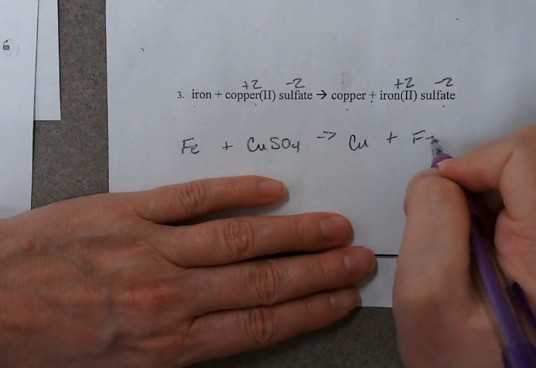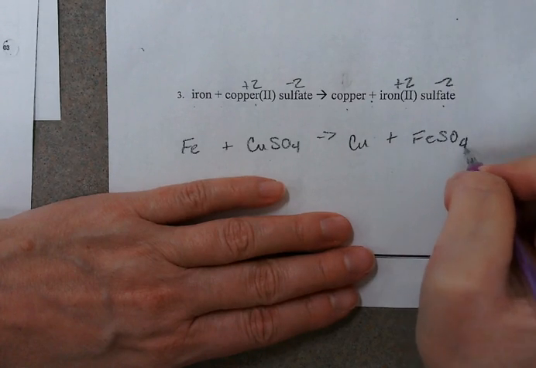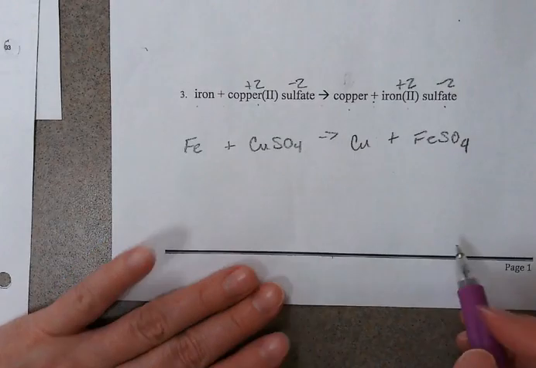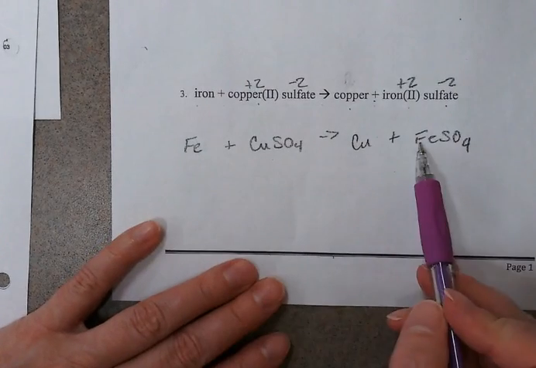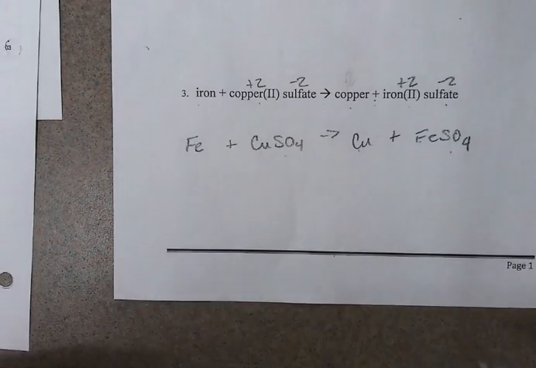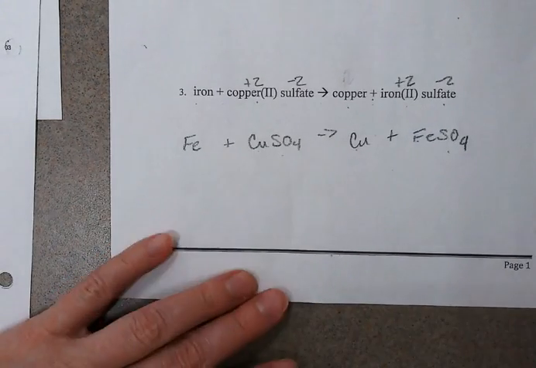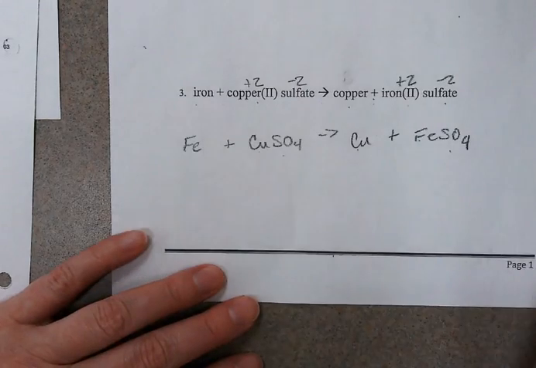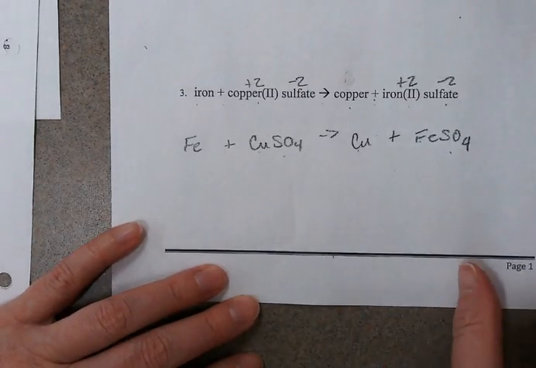So I don't need any subscripts for that one either. All right, and then we take a look and we got 1 iron, that's balanced. 1 copper, 1 copper, 1 sulfate, and we don't need any coefficients, excuse me.